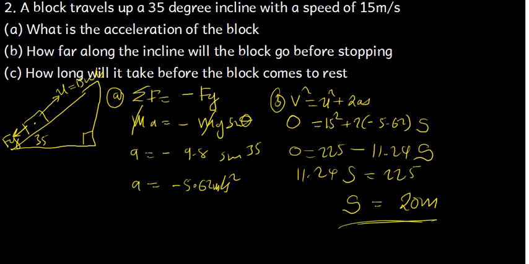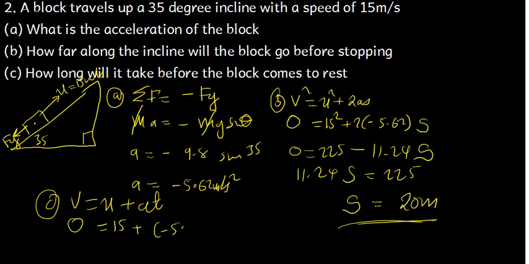And now, how long will it take before the block comes to rest? Now we want time. Final velocity is given by initial velocity plus at. We know it is going to go to rest, so the final is 0, the initial is 15, plus the acceleration, negative 5.62, times the time.